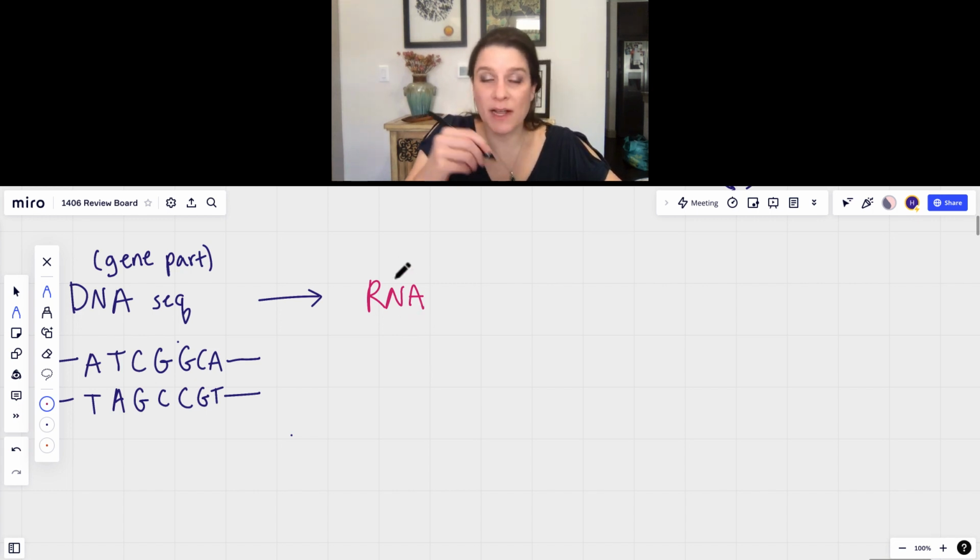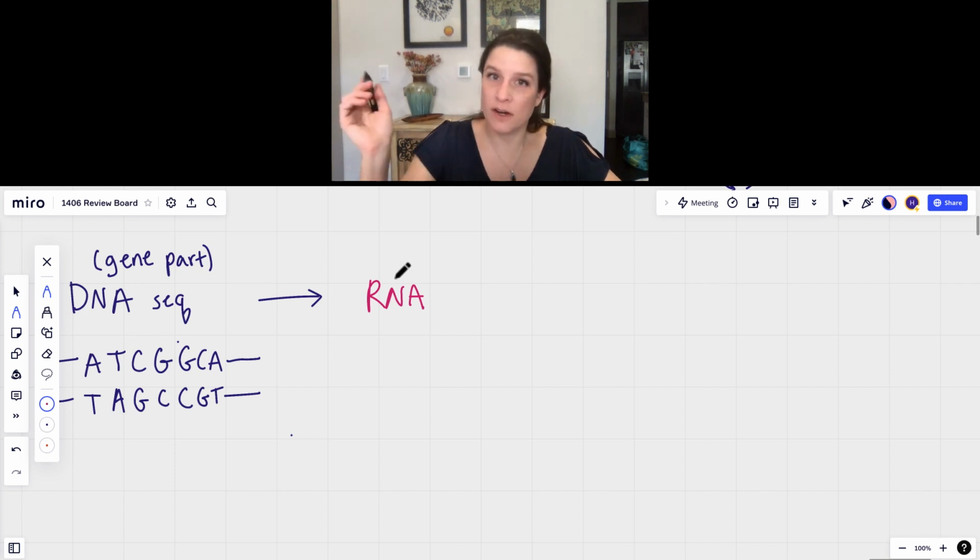And so you can actually make all kinds of RNA. There are genes that code for ribosomal RNA, rRNA. There are genes that code for tRNAs. There are genes that code for microRNAs, small interfering siRNAs, lncRNAs, piRNAs. So the genes code for all the types of RNAs. But the only one that's used to make protein is the mRNA, the messenger RNA.